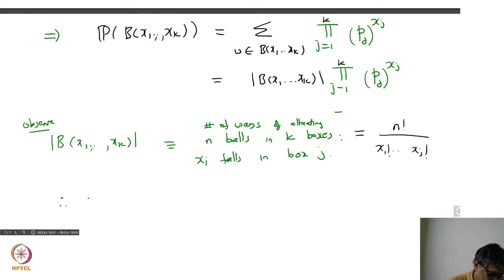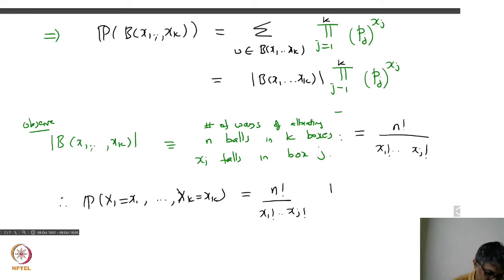Therefore, the joint distribution of X1 equal to x1, through Xk equal to xk is n factorial over x1 factorial through xk factorial, times the product from j equal to 1 to k of pj to the power xj. So that's the joint distribution.